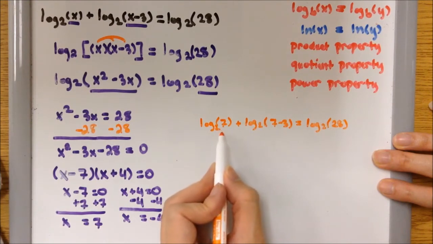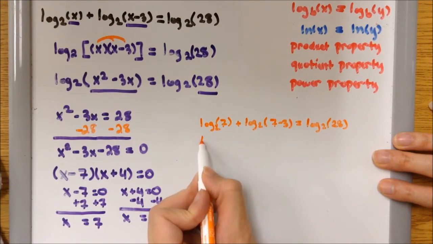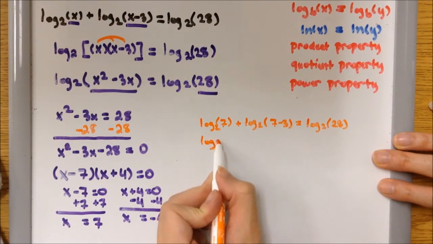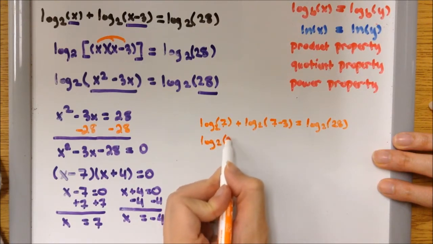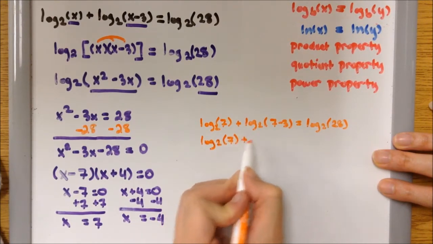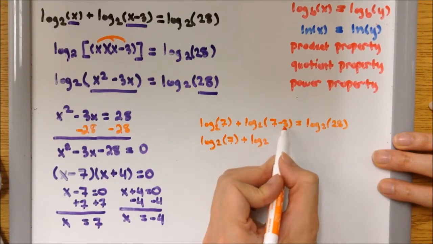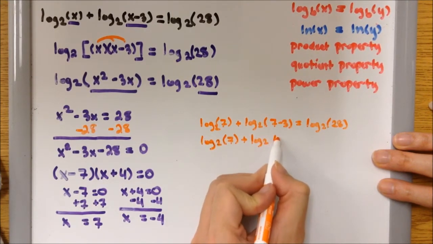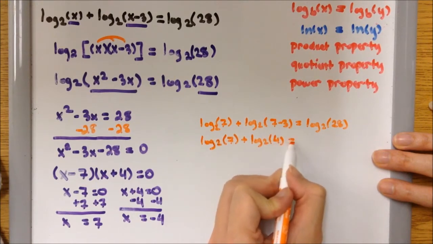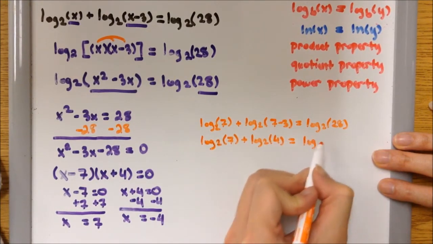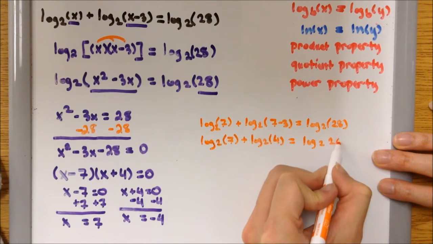Here, there's nothing I could do, so I'm going to bring that one down. So log base 2 of 7 plus log base 2 of 7 minus 3, so 7 minus 3 is 4, equal log base 2 of 28.